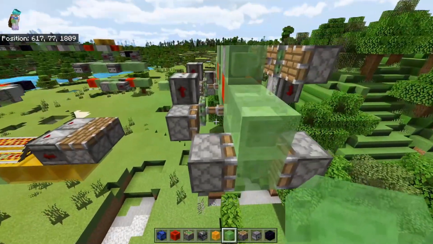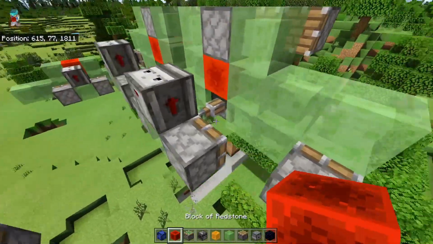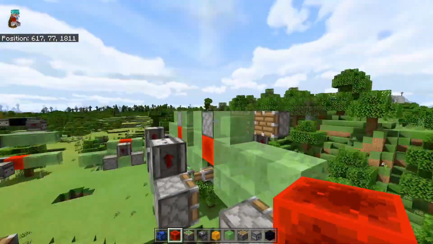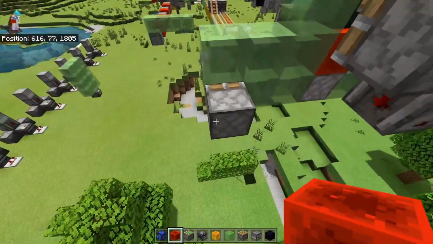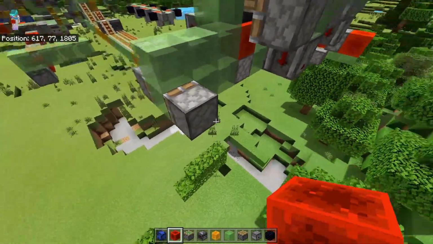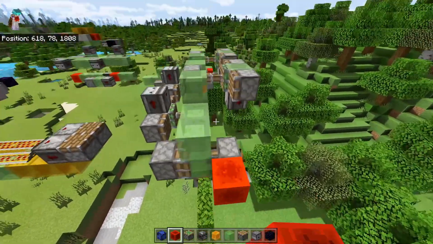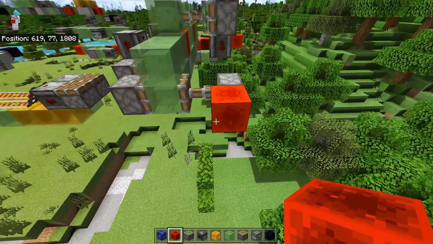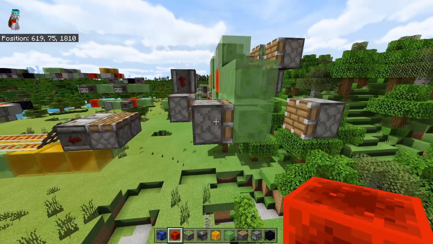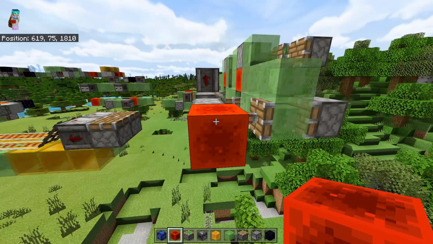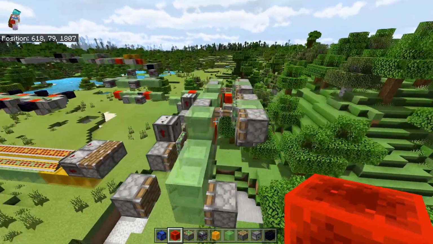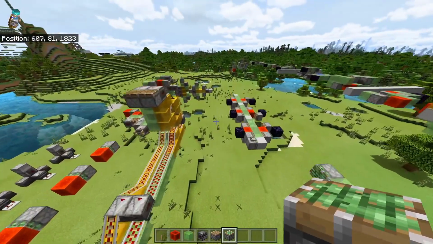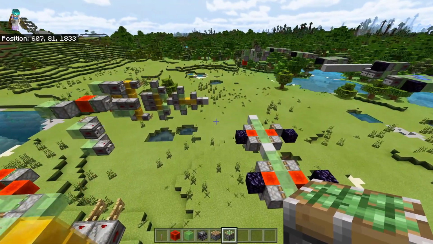And then, of course, it's just the opposite motion, where it goes this way instead of this way when it's on this side. So put a redstone block here. It'll get pushed over, and then if you push it this way, it just goes back.